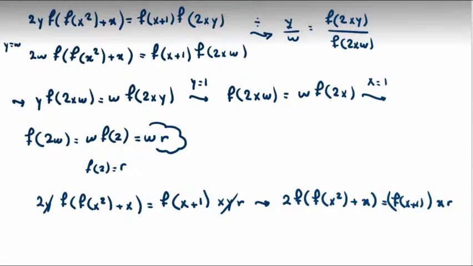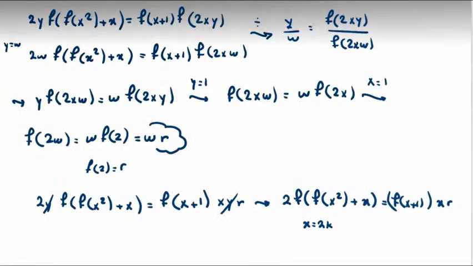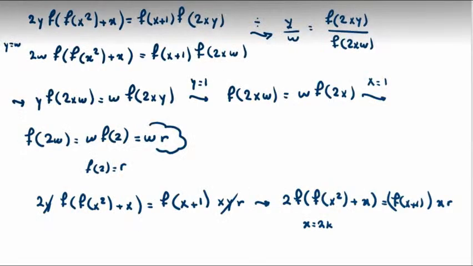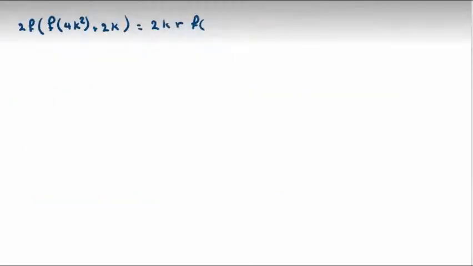Now, because we know f of 2w, I consider here x equal to 2k. So it will be 2f of 4k squared plus 2k equal to xr, which is 2kr, times f of 2k plus 1.